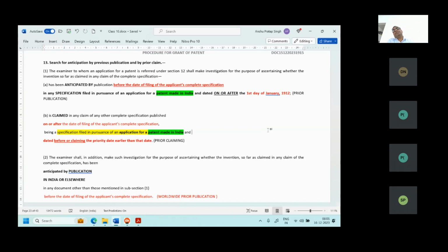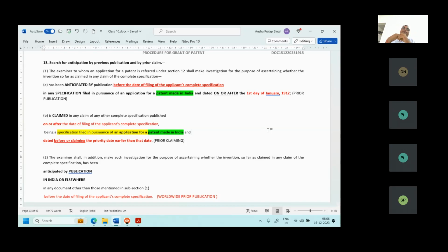See, what they are saying is that any patent made in India before 1st day of January 1912 is not relevant. That's what they are saying in this. So why is that? I have discussed that.